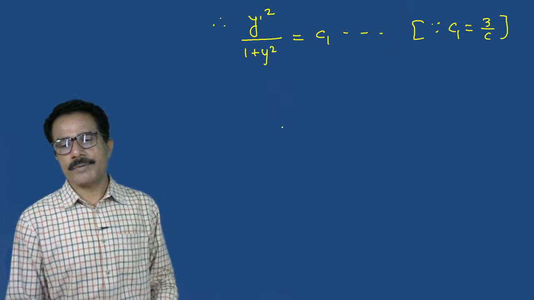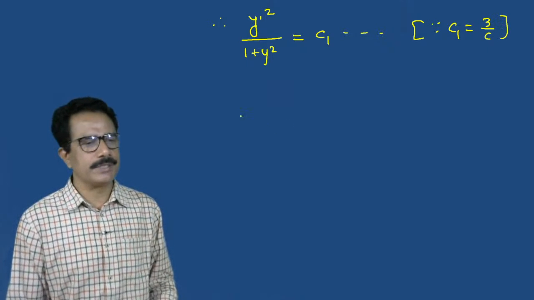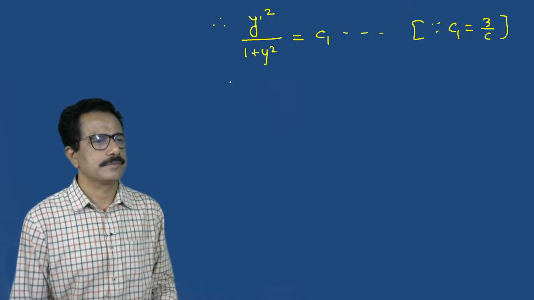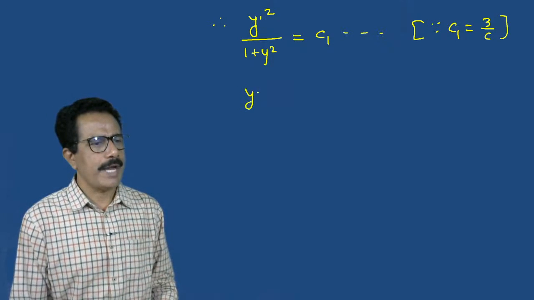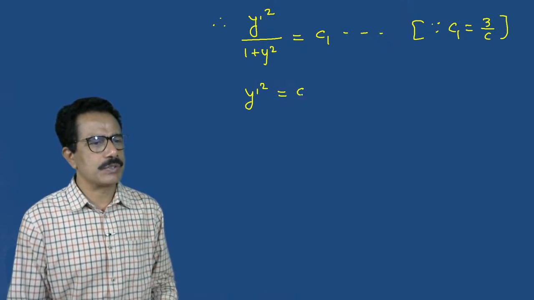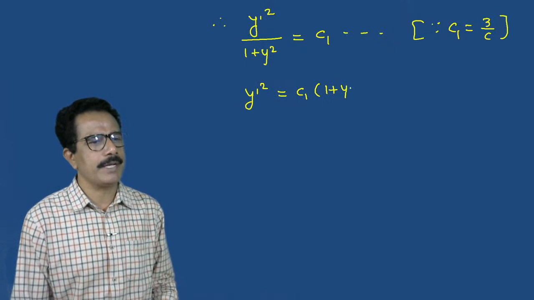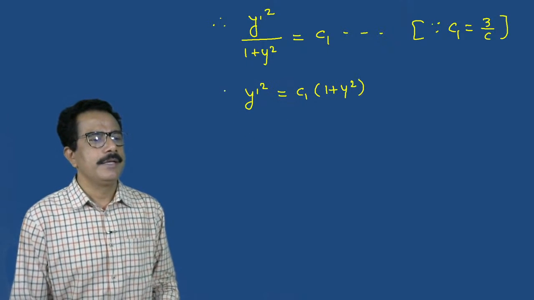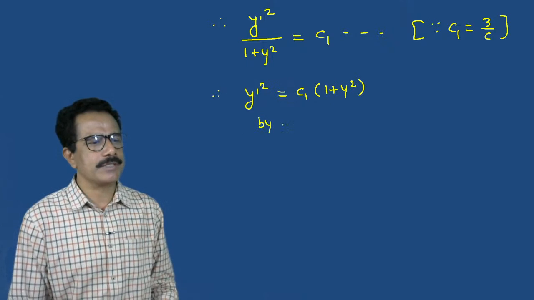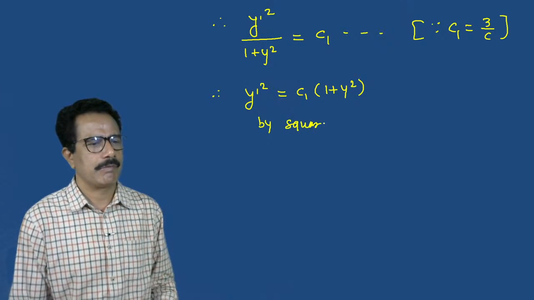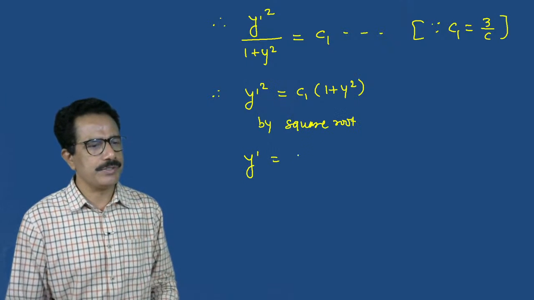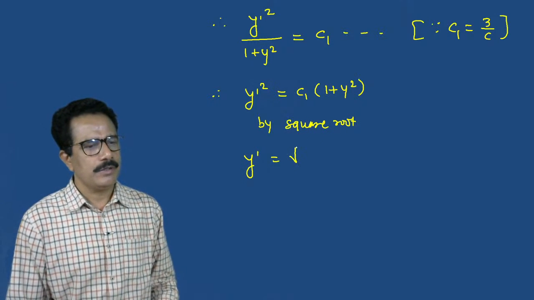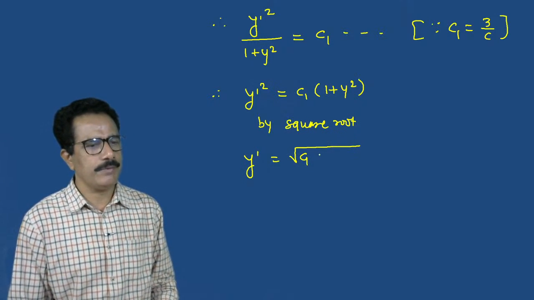Now take the square root. So y dash square is equal to c1 into 1 plus y square. By taking a square root, y dash is equal to root of c1 into 1 plus y square.